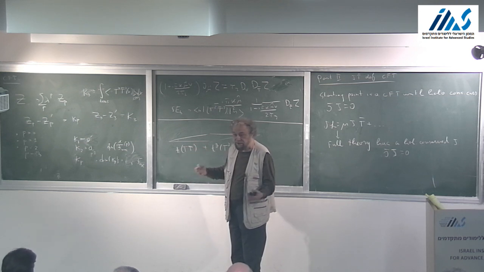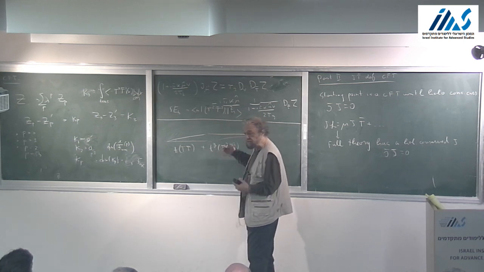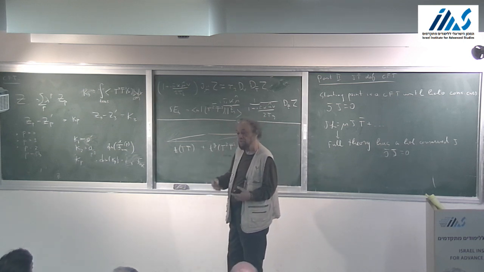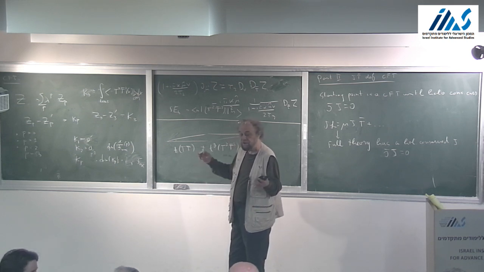In any reasonable scheme, if you take a TT bar flow, this term is going to appear with a precisely measured coefficient, which depends on the precise regularization and subtraction.